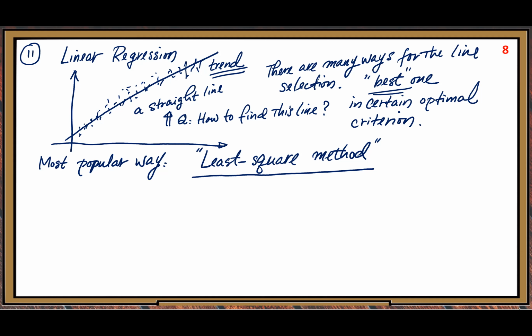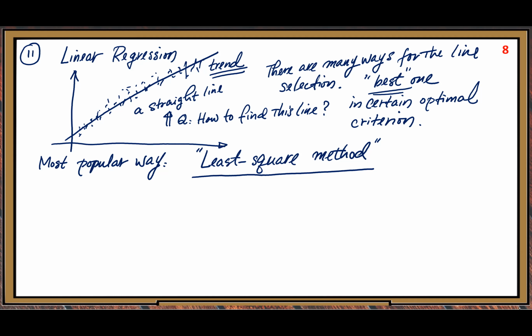But later we will do a simple project. After you understand it, I will give you a very simple project: a set of data points, and ask you to use a Python function.